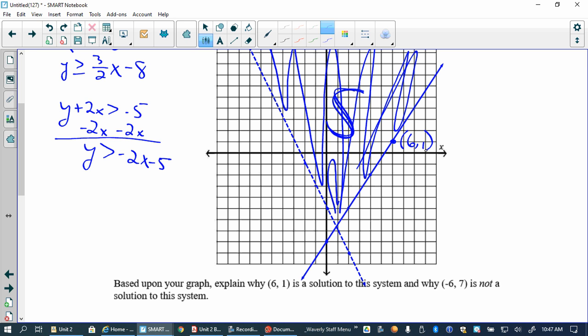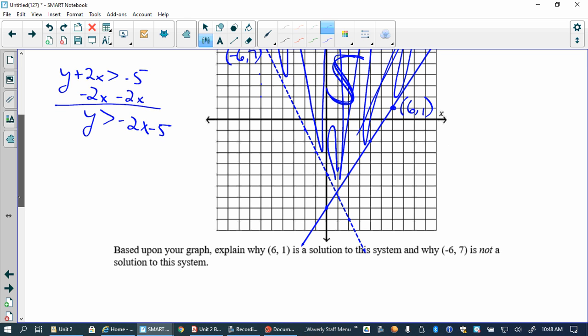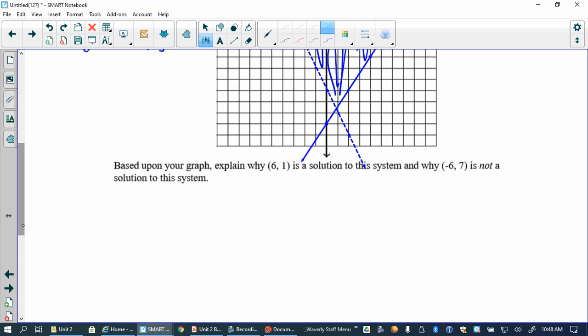Yeah, 6, 1 lies on the solid line. Negative 6, 7 lies on the dotted line. Or something along those lines.